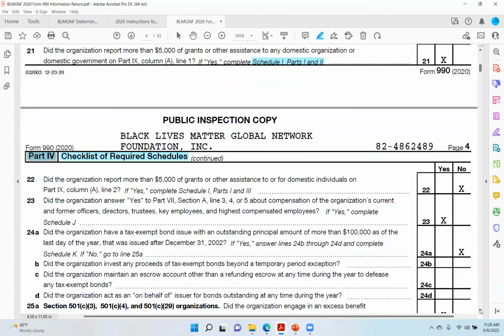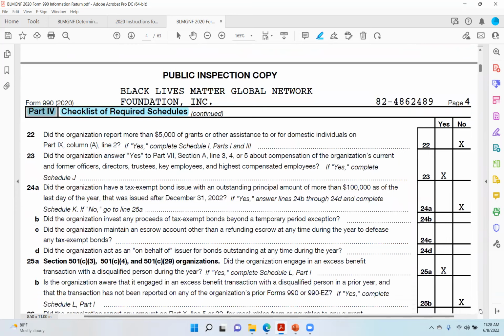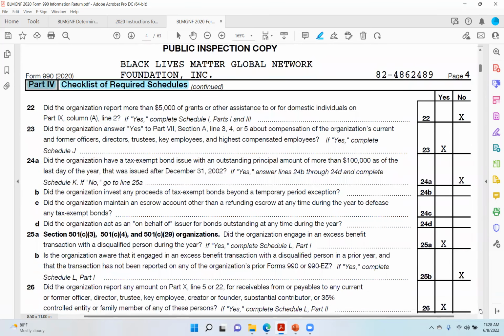22. I wasn't finished. My bad. 22. Did the organization report more than $5,000 of grants or other assistance to or for domestic individuals on Part 9, Column A, Line 2? They said no. Number 23.